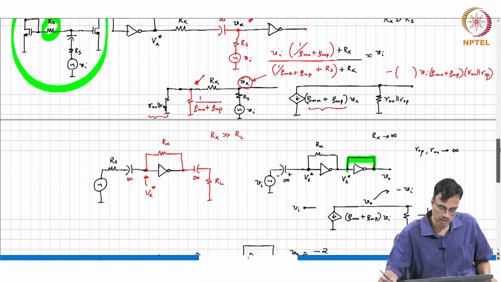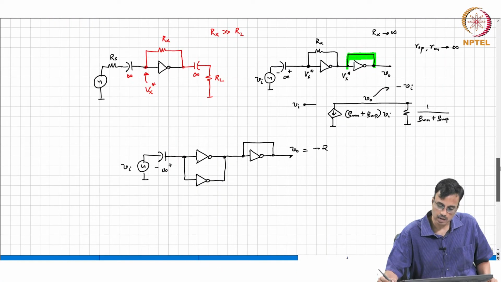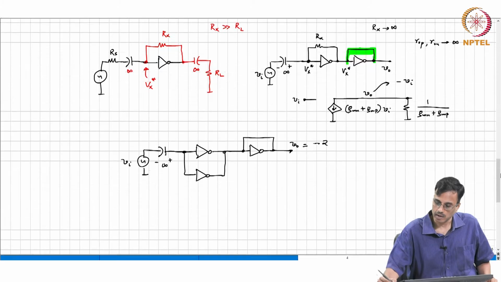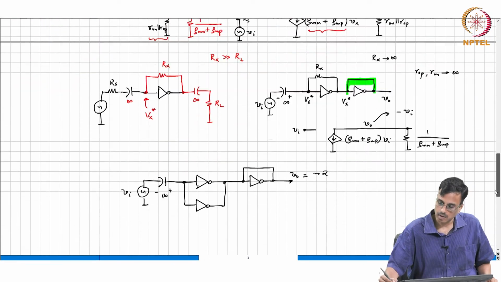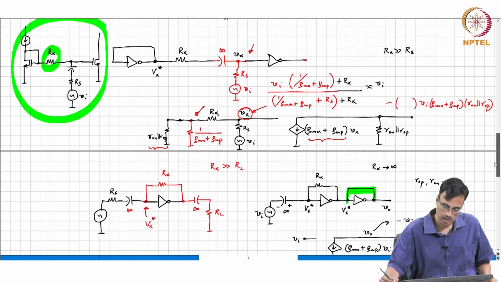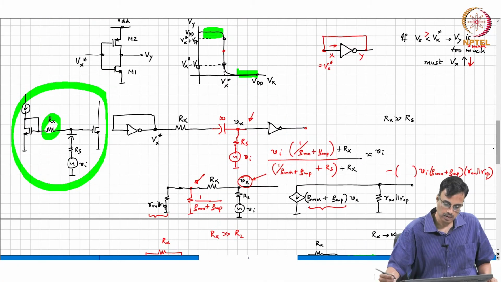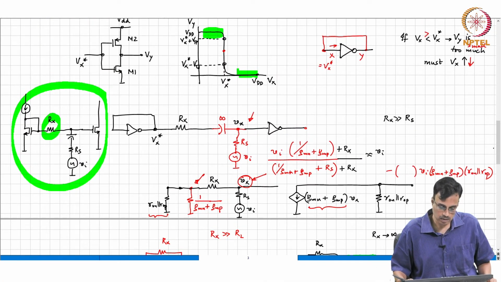Which? On the right side of the green, in the above. Okay. Yes. The infinite capacitor should be connected in series with RS. Oh, sorry. Indeed.